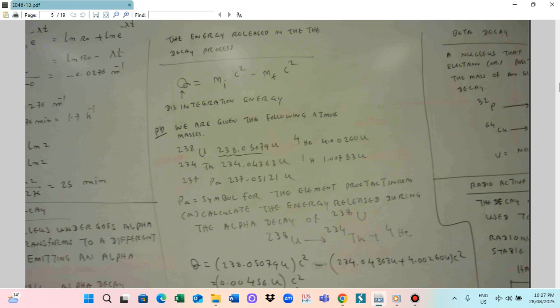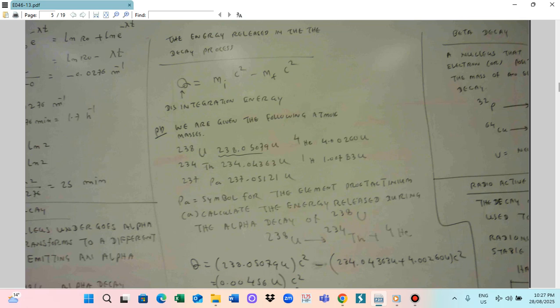So this Q is the disintegration energy: Q is equal to the initial mass multiplied by the light velocity squared minus the final mass multiplied by the light velocity squared.